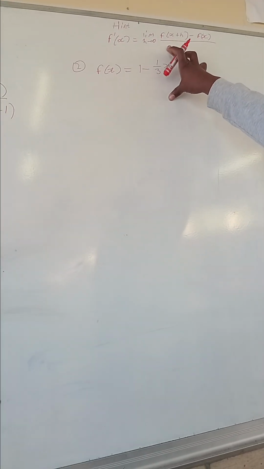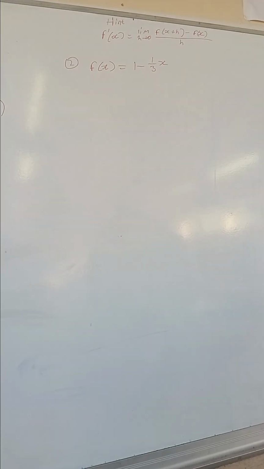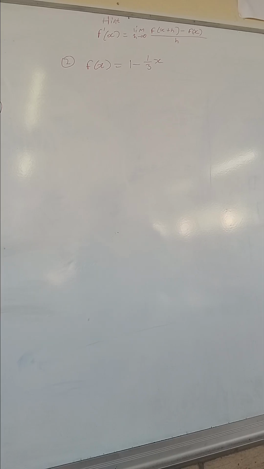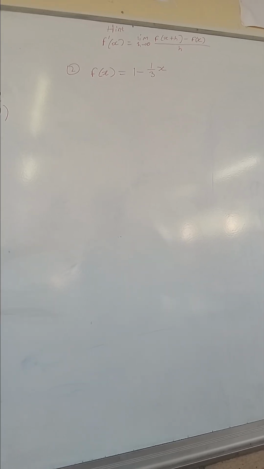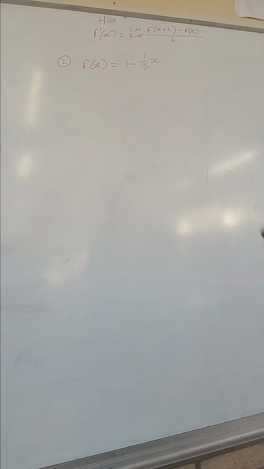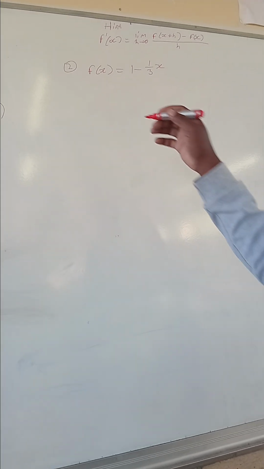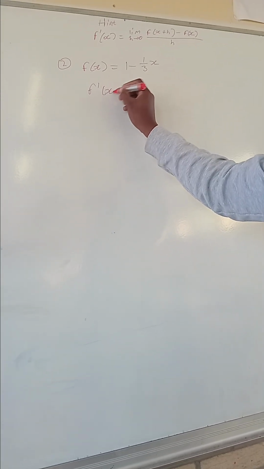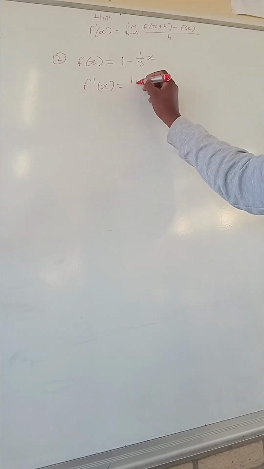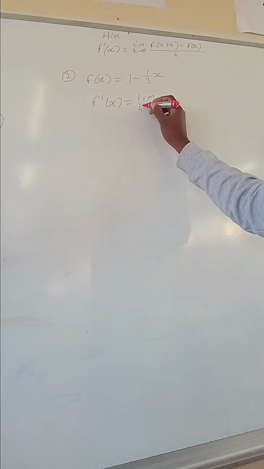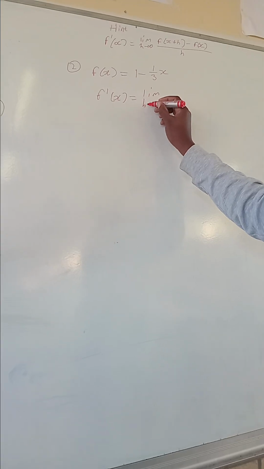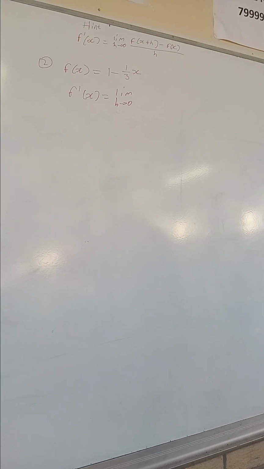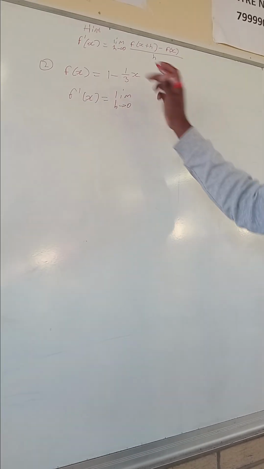You must know the formula of first principle; on your formula sheet it is always given. So from here, we're going to say f prime of x equals lim h approaches 0. Then we're going to apply that formula.